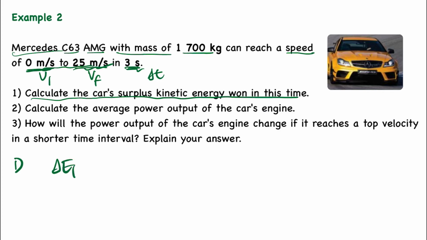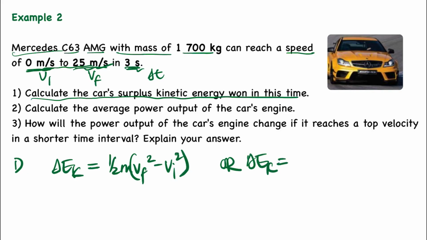That is the change in kinetic energy from 0 to 25. So we calculate the change in kinetic energy by half m v final squared minus half m v initial squared. It's the same thing, it will yield the same answer.